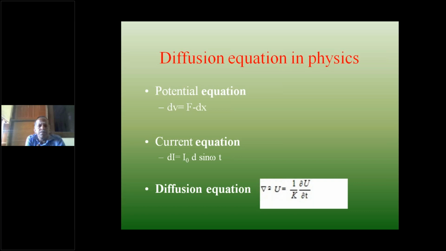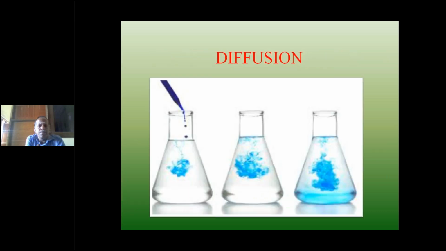Similarly, for diffusion, we have the equation del square U equal to 1 by k into dou U by dou t, where k is diffusivity. That diffusivity we have to calculate and we have to substitute. And this diffusion equation is a calculus equation. This equation cannot be used to get a numerical value. So we have applied the Laplace transform to change the diffusion equation, the diffusion process.